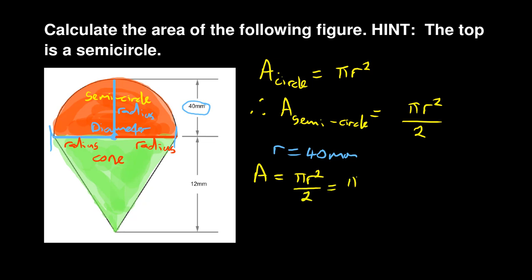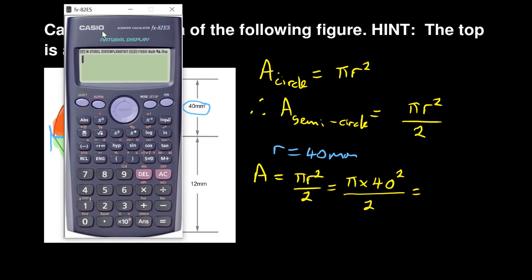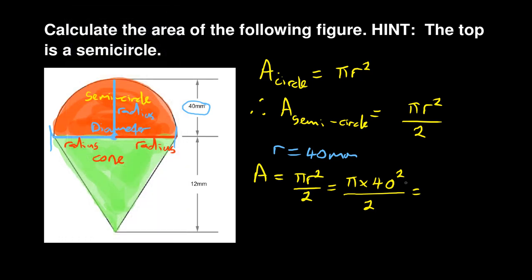And then you say pi times your r, which is 40 squared, and then you divide that by 2. You can actually use your calculator straight away to simplify that part: you press shift pi times 40 squared, and then divide by 2. It is 800 pi. You can leave your answer like that for now, which is 800 pi.